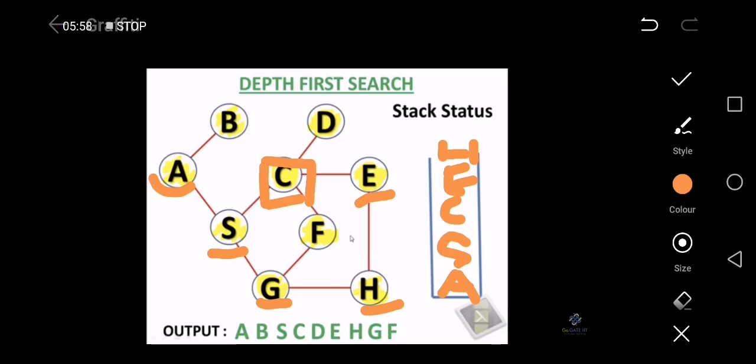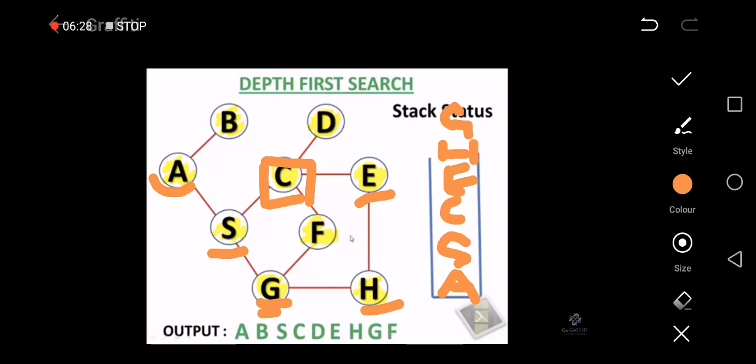And then we go to G, since it is the only vertex adjacent to S, after we have gone through vertex E and H. So we put G here in the stack status and put G in the output here.